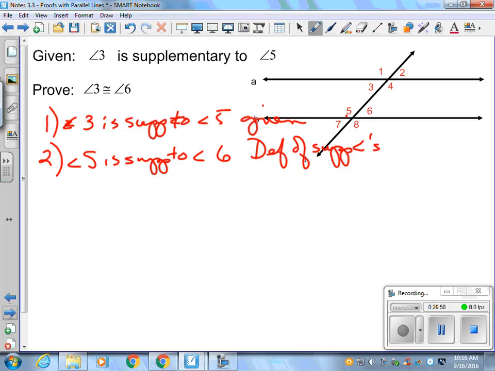Now, if 3 and 5 are supplementary, what is the equation for that supplementary angle? How do you write a supplementary equation for two angles? 5 plus 6, okay, equals 180. And what can I do for the 3 and the 5? The same thing? 3 plus 5.